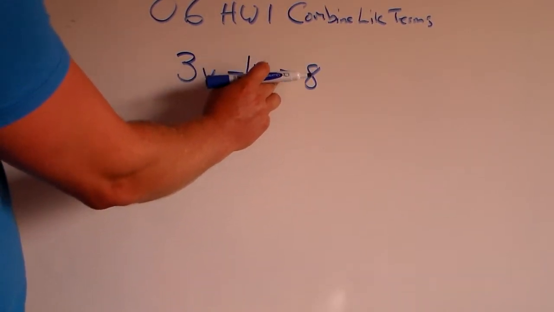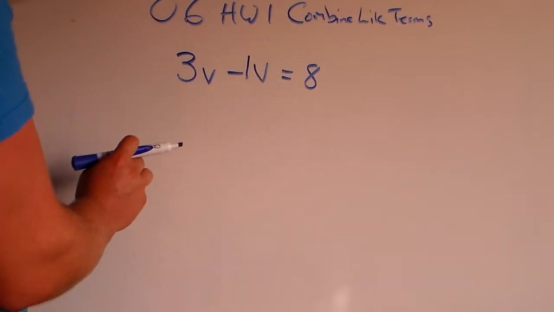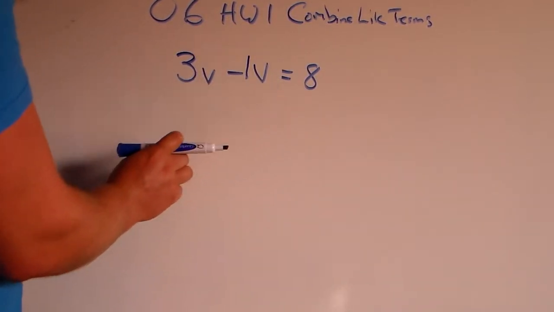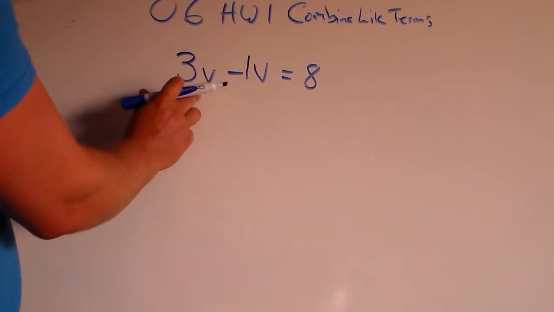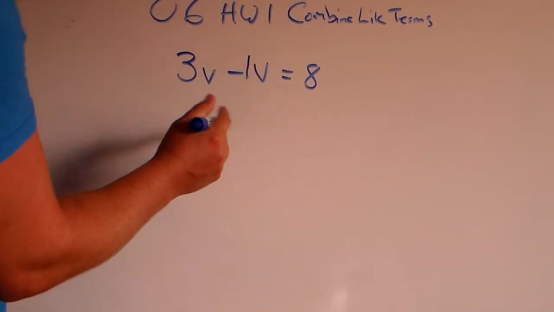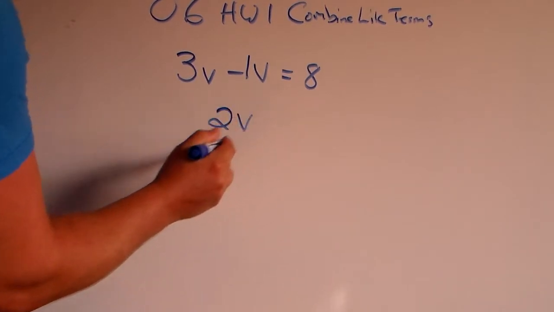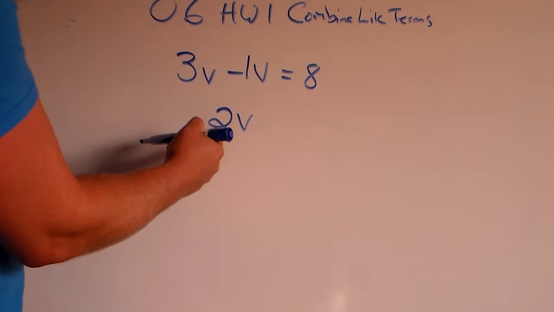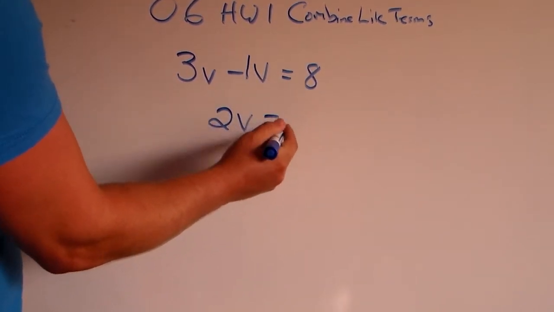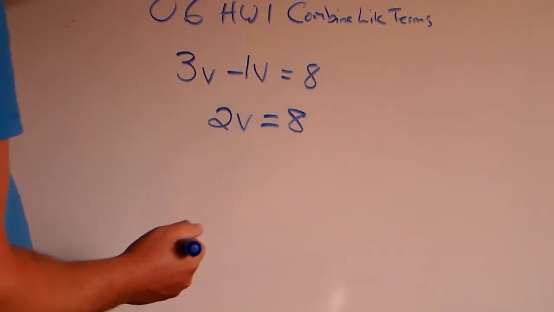They're also both on the left-hand side of the equal sign, which, both those conditions, means we can combine these like terms. So we have a positive 3v minus 1v gets us 2v, like 3 apples minus 1 apple gets us 2 apples. We carry down our equal sign, we carry down the 8.